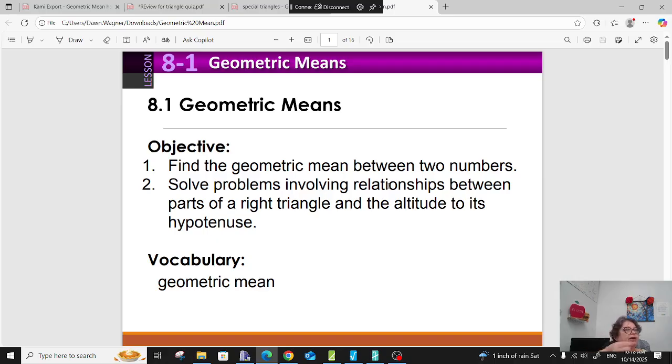If I give you two numbers and say find the geometric mean, that's going to be an operation, okay? But then we're also going to solve problems using relationships between parts of a right triangle and the altitude to its hypotenuse that uses finding the geometric mean. Does that make sense? Have I lost anybody?